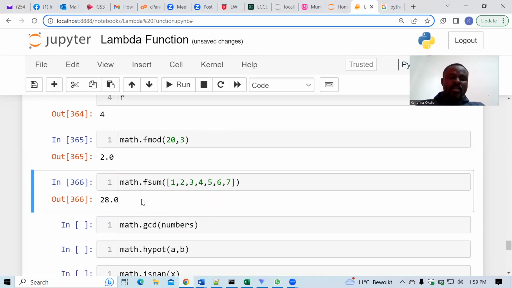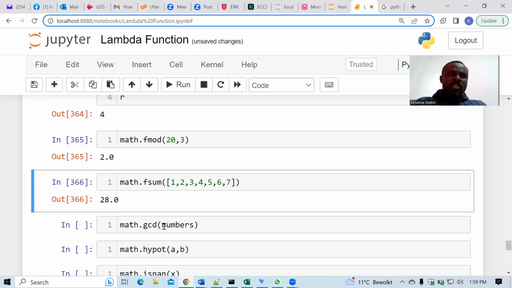I would run and I see that the sum of all the numbers is 28, right? Okay, so that's just as simple as that. Imagine having to do this in a loop, and you keep adding the next item in the loop to the previous sum. That's going to take your coding time, won't it? So it's just called the fsum method.